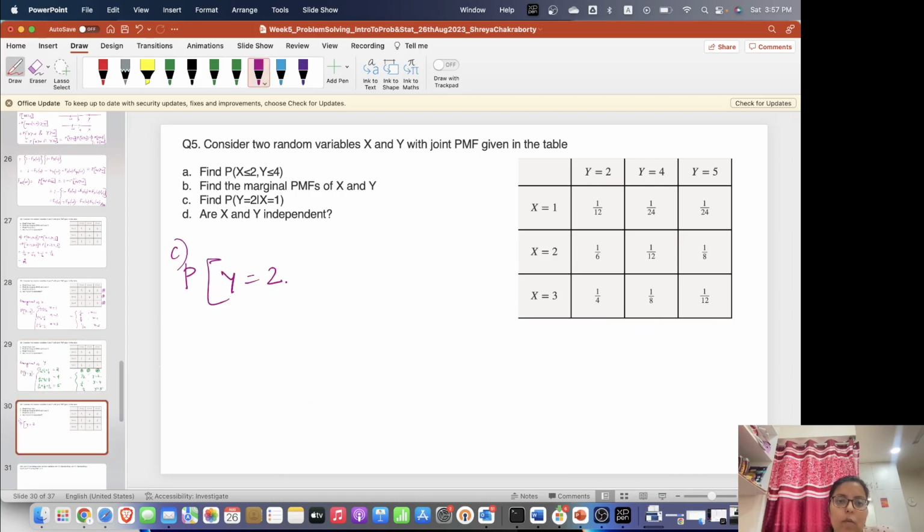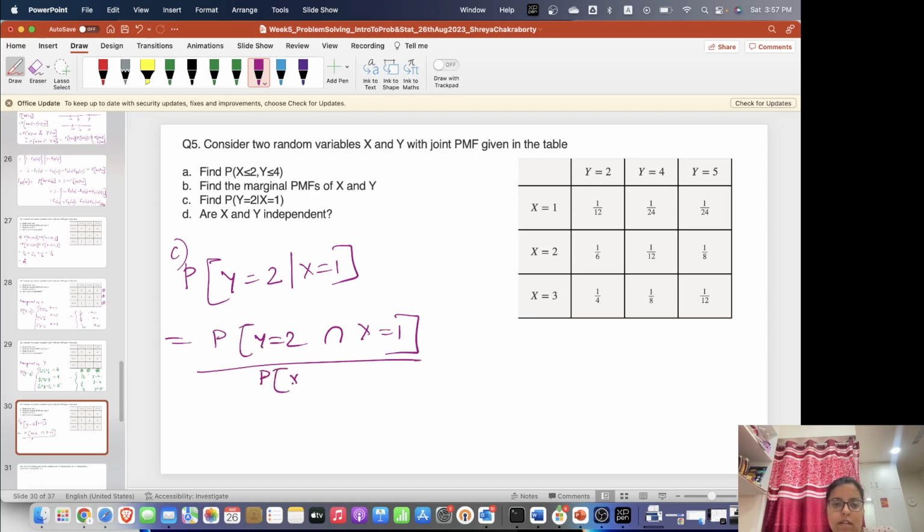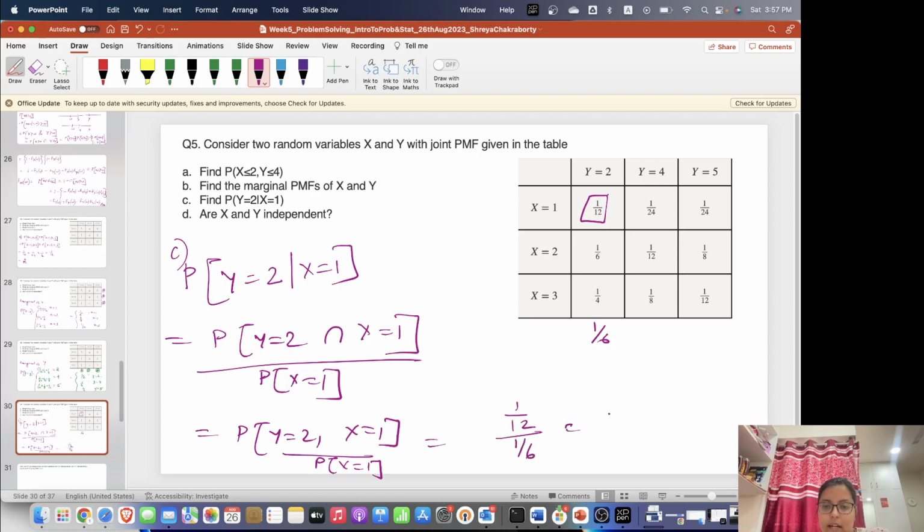Probability y equal to 2 given x equal to 1 is probability y equal to 2 intersection x equal to 1 by probability of x equal to 1. Probability x equal to 1 we had how much? 1 by 6. And y2 and x1 we had 1 by 12. So it will be 1 by 12 by 1 by 6, that is half.